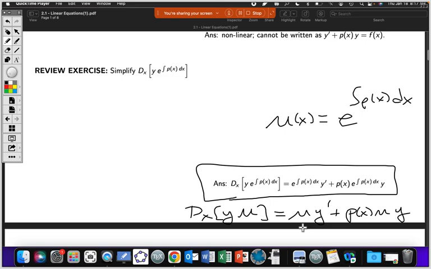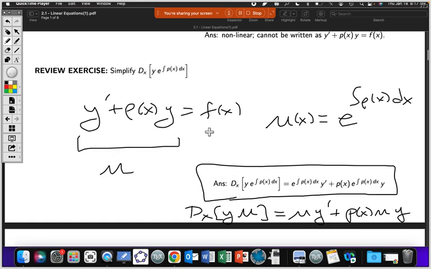And so this is the left-hand side. If I take this and multiply by mu, and then to keep the equality I multiply the right side by mu, then that's going to turn the left-hand side of this equation into an exact differential.